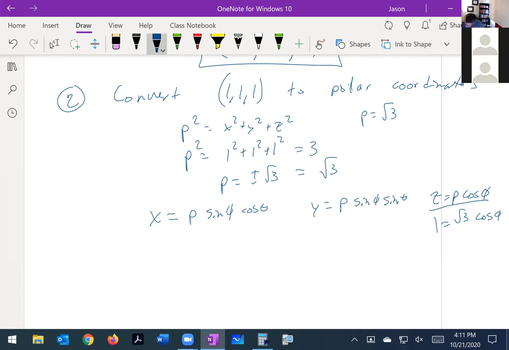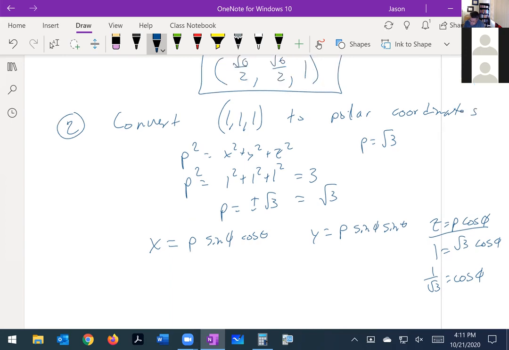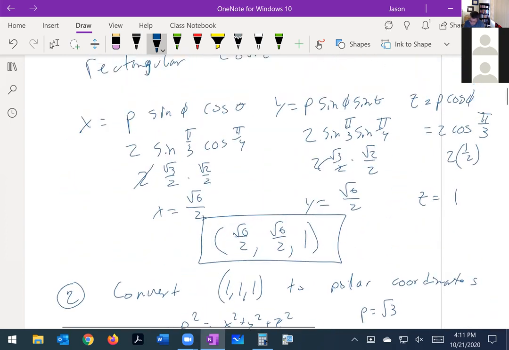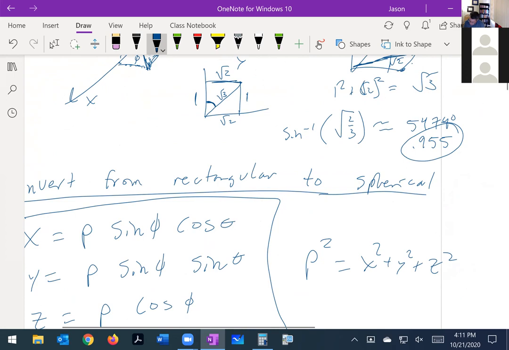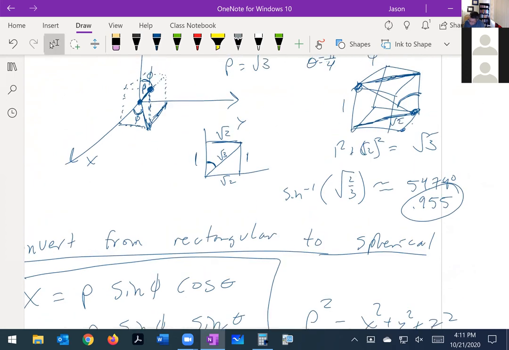So 1 over radical 3 is equal to cosine of phi. So if I do the inverse cosine of 1 over radical 3, before I just used inverse sine, right? Yeah, I used inverse sine of radical 2 over radical 3.